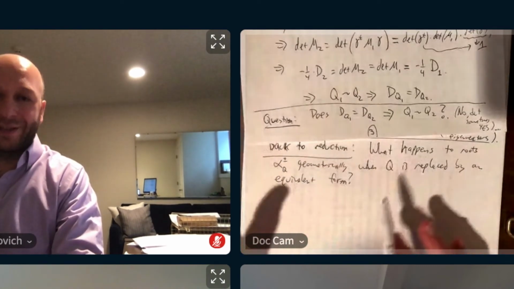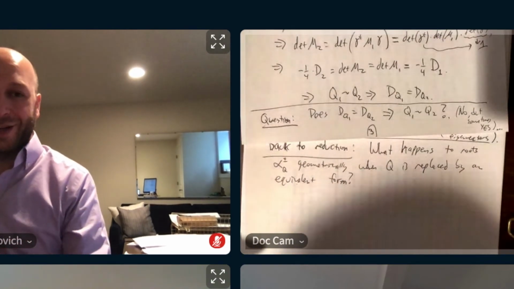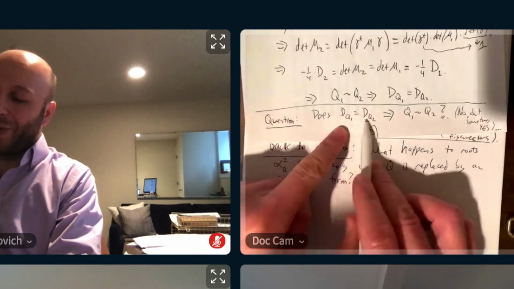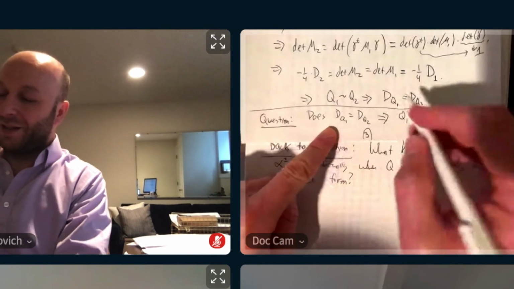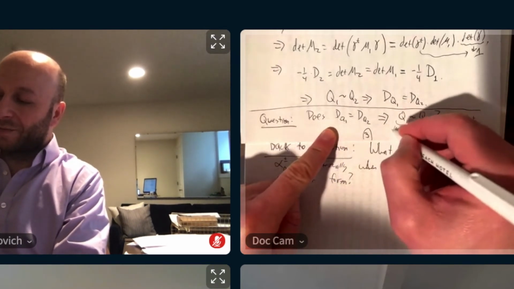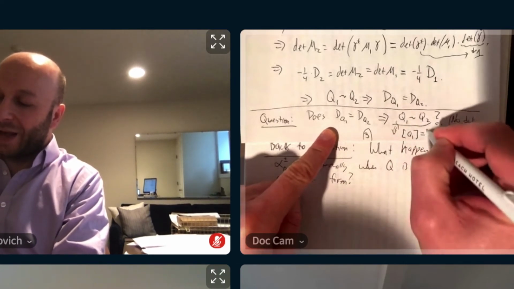The total answer, which we're about to go into, and it'll take a little time to flesh out the details, is that discriminants being the same does not mean that the quadratic forms are in the same equivalence class. This is the same thing as the class of Q1 being the same as the class of Q2.